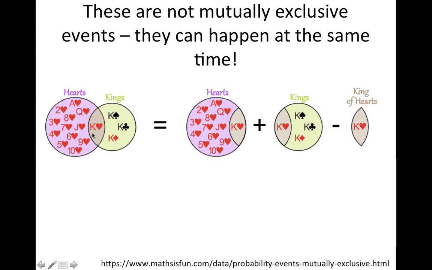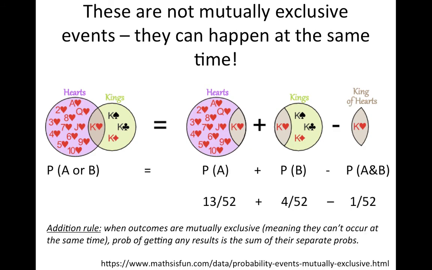This means that the probability to draw either hearts or kings is the probability to draw hearts, 1 in 4, plus the probability to draw a king, 1 in 13, minus the case where they occur at the same time, the heart or king, which is 1 in 52.